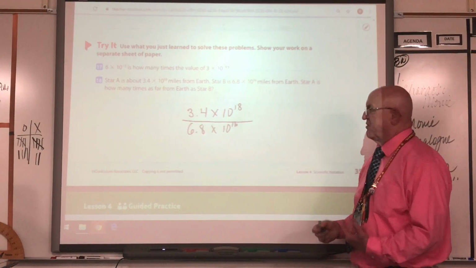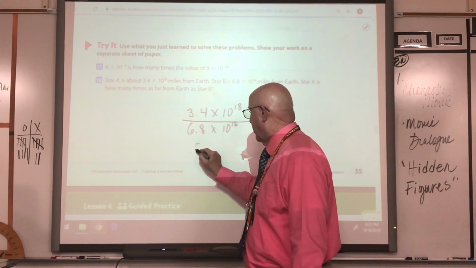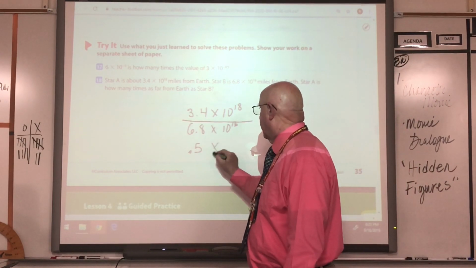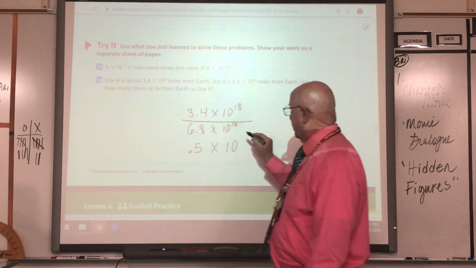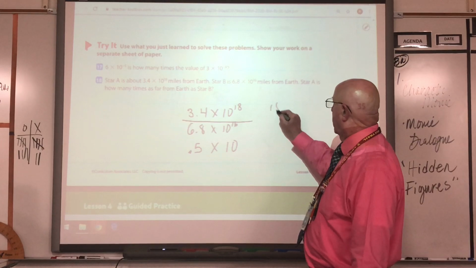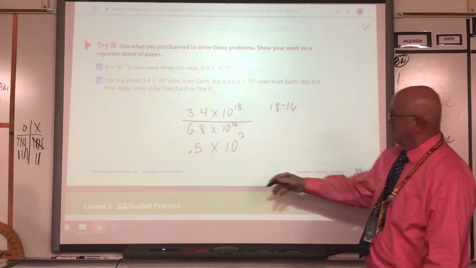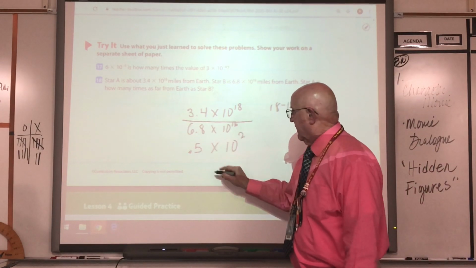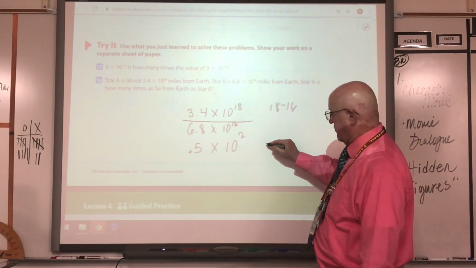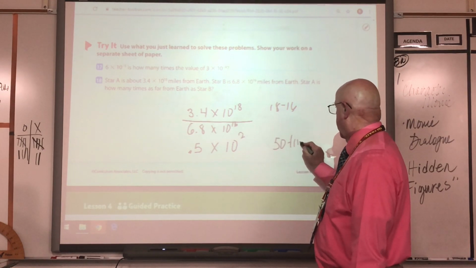We do the same division. 3.4 divided by 6.8 is just 0.5, right? So 0.5 times 10 to the second, because 18 minus 16 gives us 2. If I move that decimal over, I get 50 times.